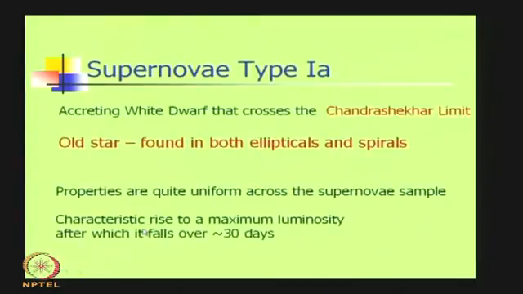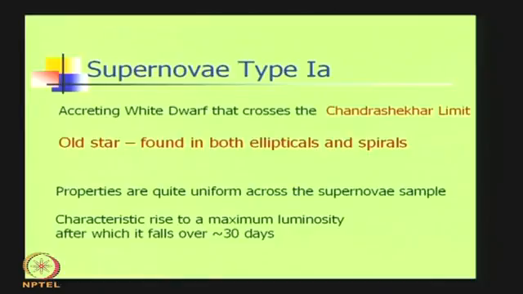Now, supernova of type 1A is of particular interest in cosmology, and we have already learned that these supernova are white dwarfs which are in binary orbit around a star. So, there is a binary system where one of the stars has already evolved into a white dwarf, the other, the smaller star, is still in the main sequence, and the white dwarf obviously is below the Chandrasekhar limit.